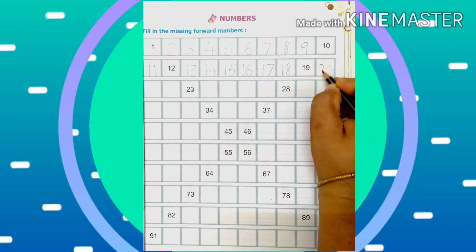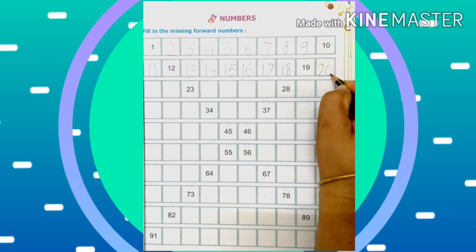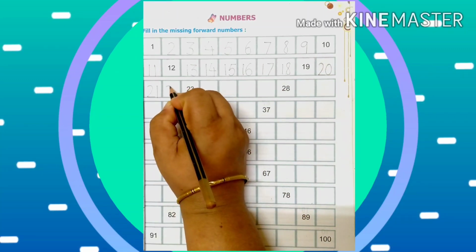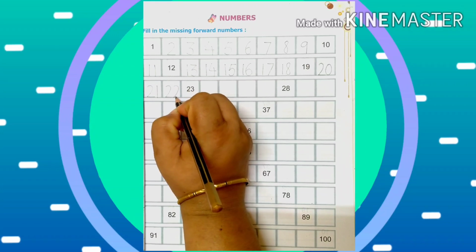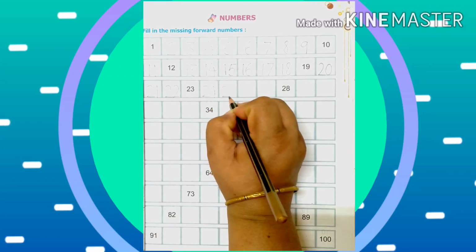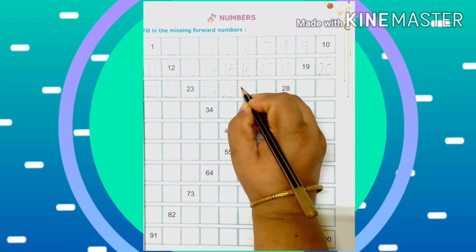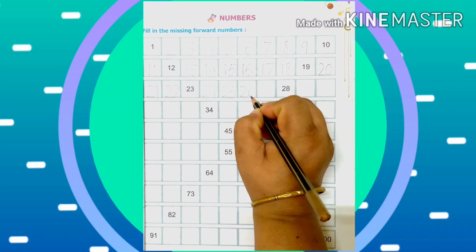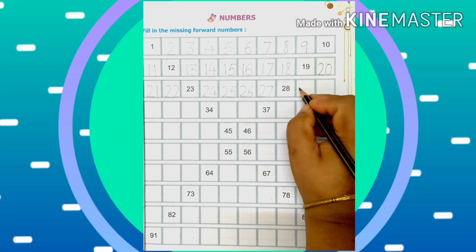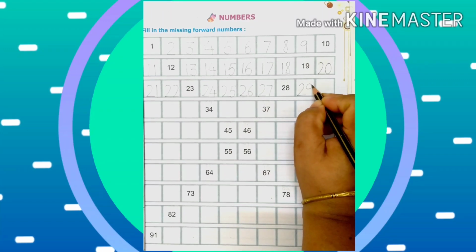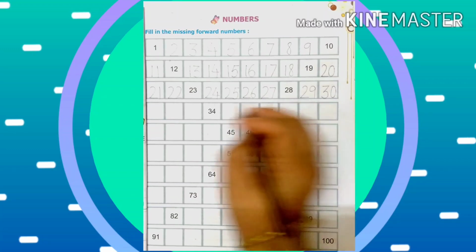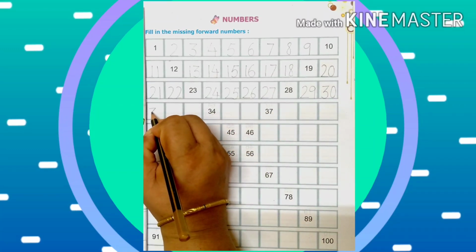So after 19 comes 20, 21, 22, 23, 24, 25, 26, 27, 28 is written, 29, 30. After 30 comes 31.